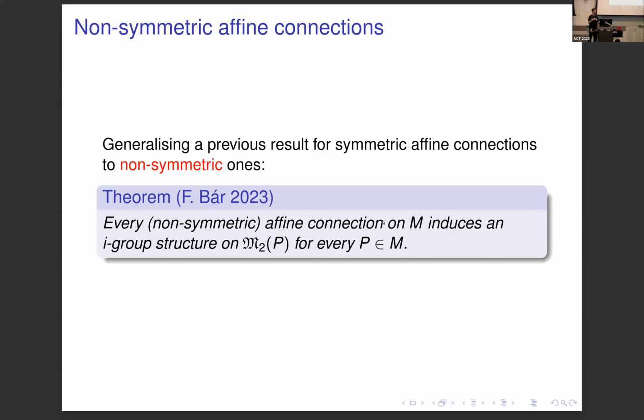So the next question would be, what happens if you have a non-symmetric affine connection? It turns out that now you're getting an infinitesimal group structure on the second order monad around every point P. You say, well, that maybe doesn't sound so nice.